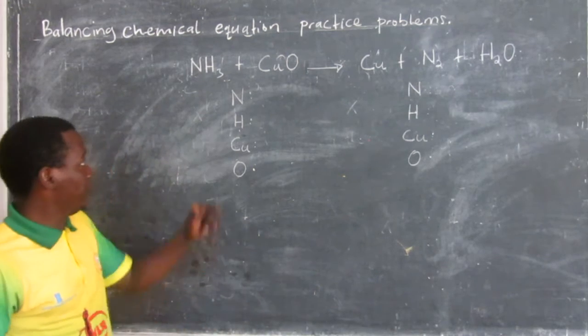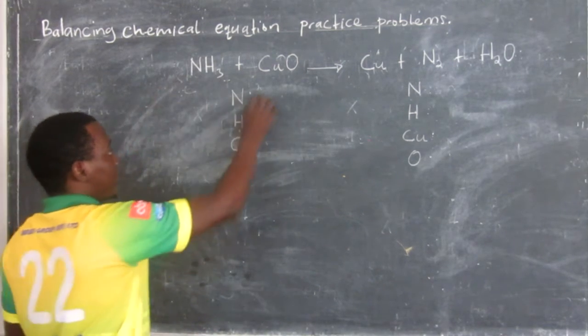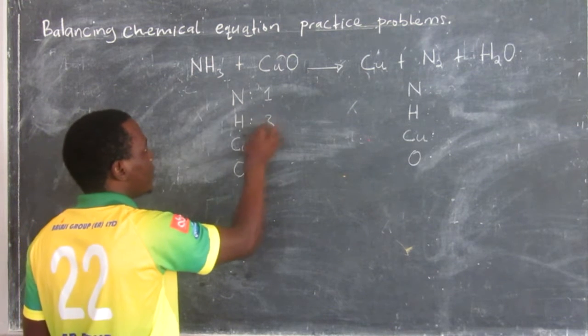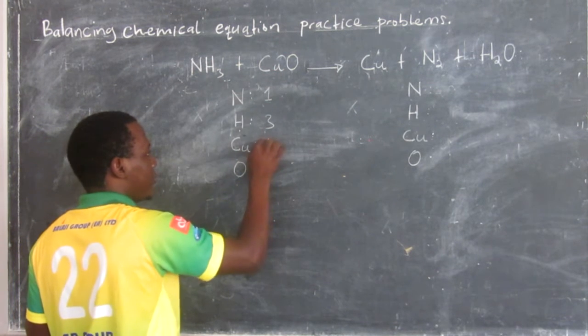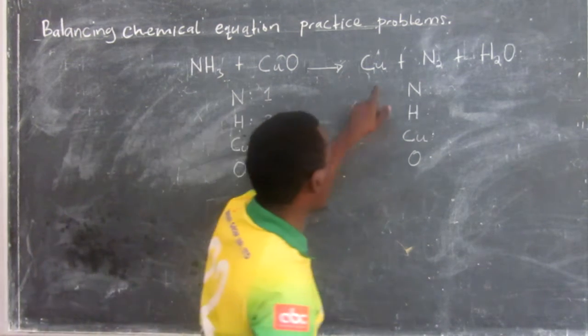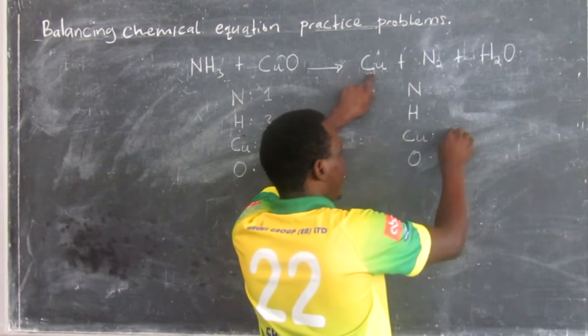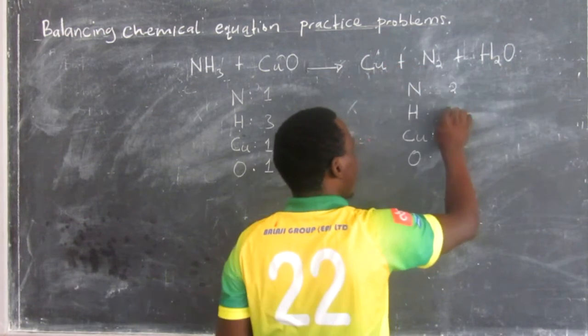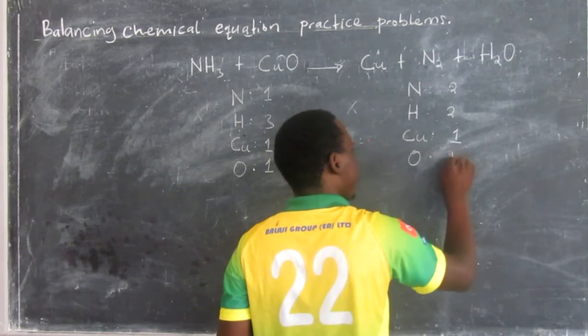Now in this case, we have 1 nitrogen, 3 hydrogens, 1 copper, and 1 oxygen. On this side we have 1 copper, 2 nitrogens, 2 hydrogens, and 1 oxygen.